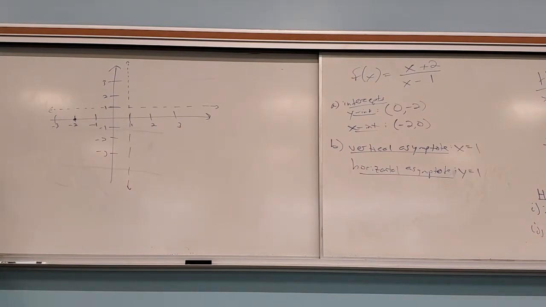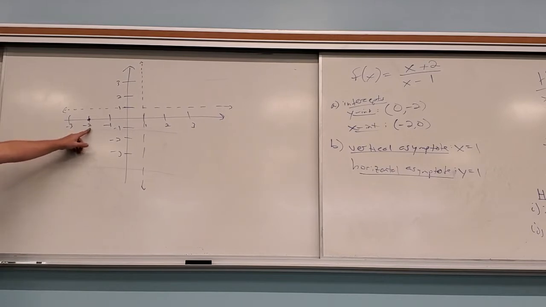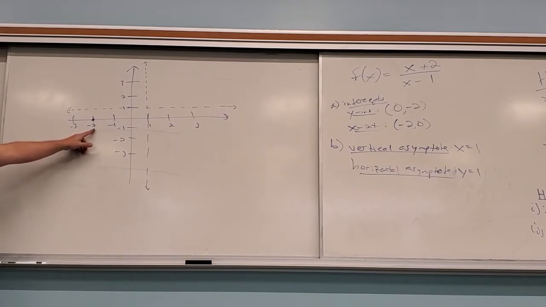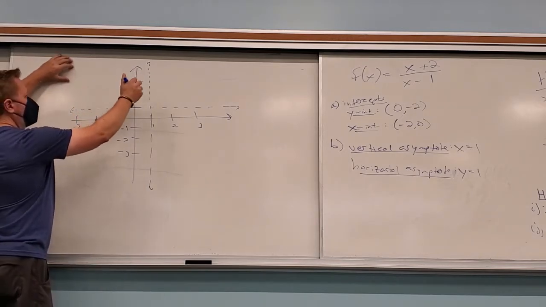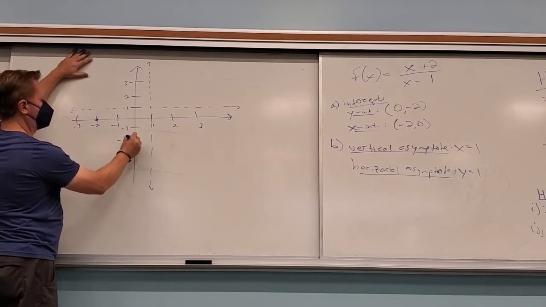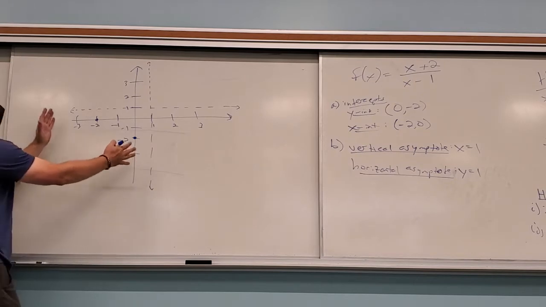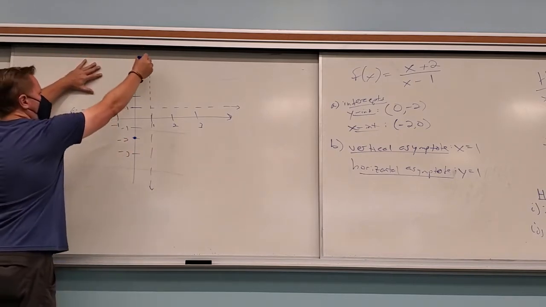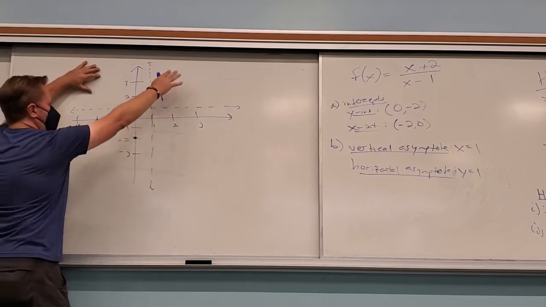So see if this makes sense to you guys. Where's my only x-intercept? It's down here, right? You guys with me? So that means, see over here, my y-intercept, I can put that on there now. Y-intercept is 0, -2. There we go. Do you guys see what it looks like over here? So the vertical asymptote breaks it up into little regions. There's this region here and this region here.